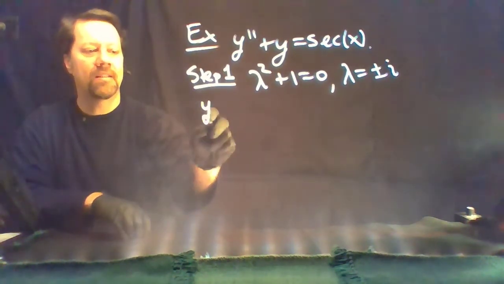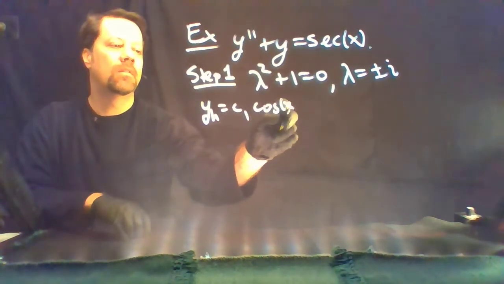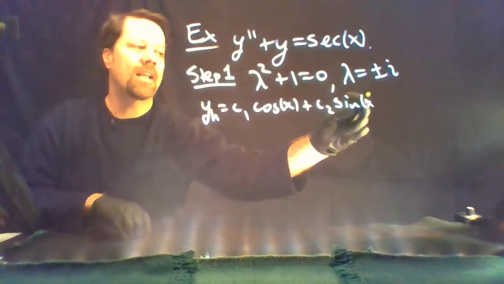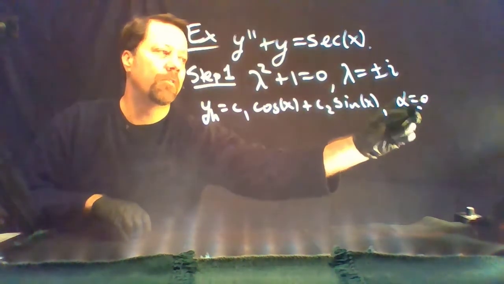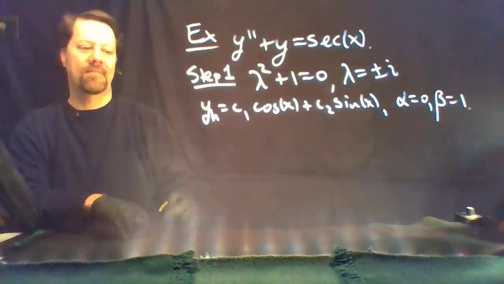We get the homogeneous solution is c1 cosine of x plus c2 sine of x, since alpha is 0 and beta is 1.